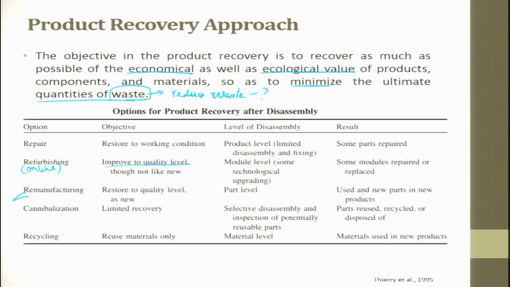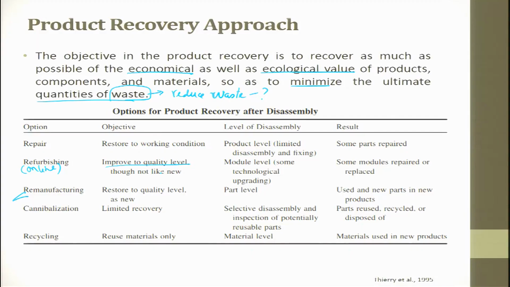If there is a small scrap involved, or a small damage, or you have used a batch of batteries, a batch number, and you have found out that while quality checking they all have given some problems, then the entire product is quarantined. So, what the company does is take those products, replace those batteries and then start selling them once again, and they put a stamp saying that it is a refurbished part. So, improve to quality level, though not like new.